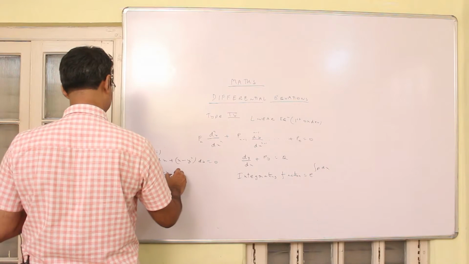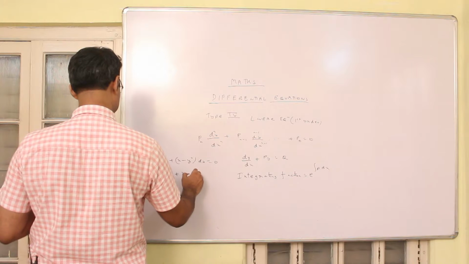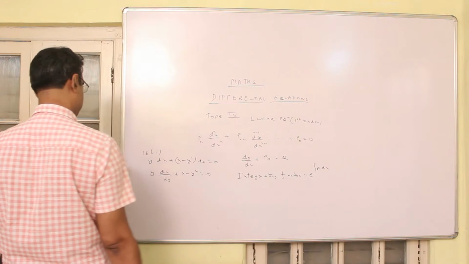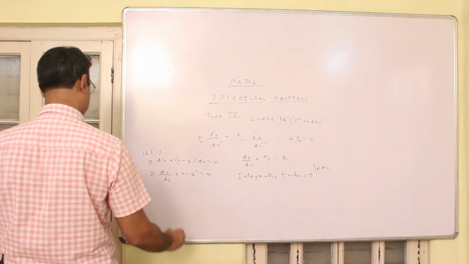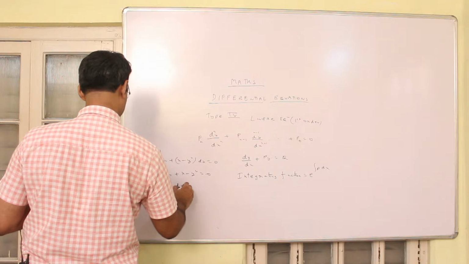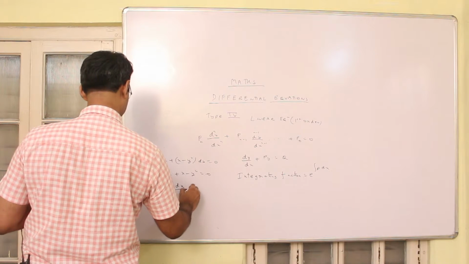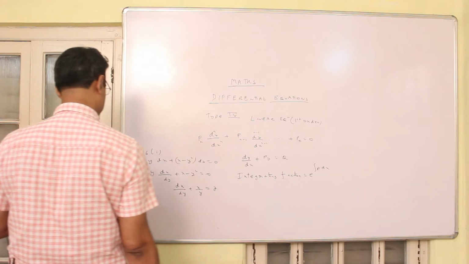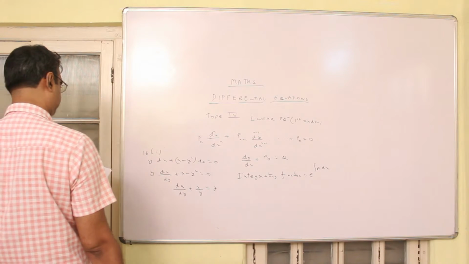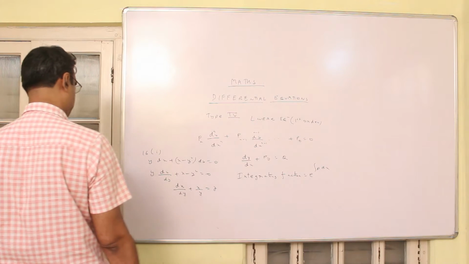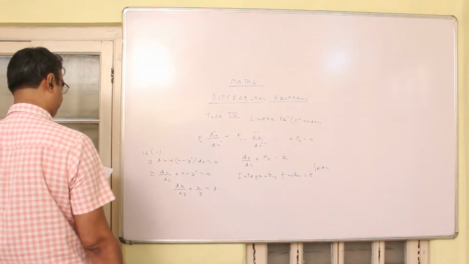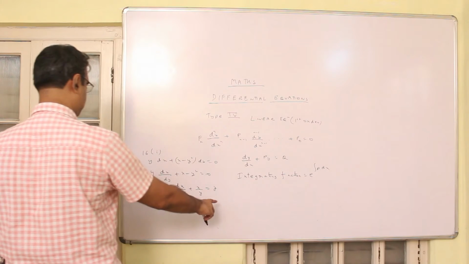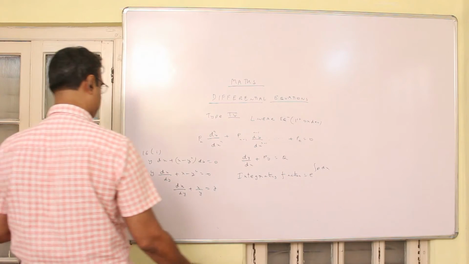So y dx by dy plus x minus y square equal to 0. So dx by dy plus x by y equal to y. So you can see that this is a linear differential equation.